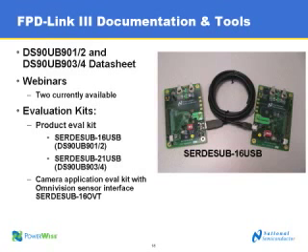Yeah. So a couple things. Alex just mentioned the evaluation kits. We have two types of evaluation kits. The first is really the product level evaluation. And this is similar to the kits we've had for our FPD-Link II devices, where it just consists of some headers, some control pins, and being able to really exercise and test out the serializer and deserializer pair. And the other thing that we're making available is basically a kind of a camera-specific evaluation kit.